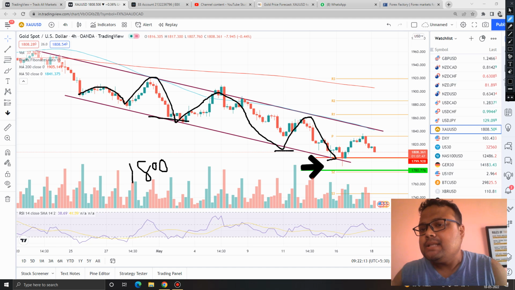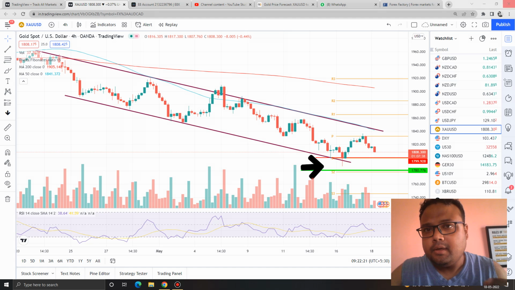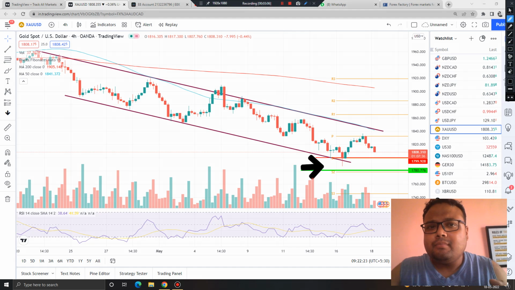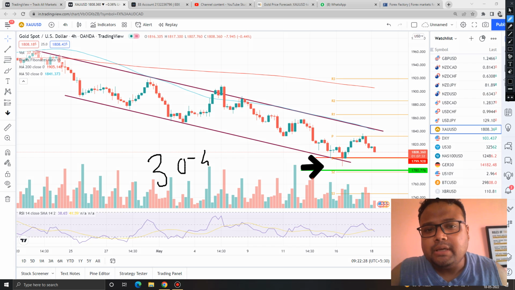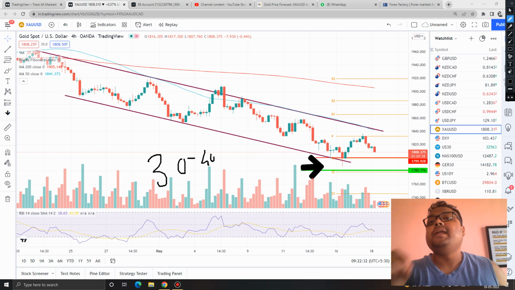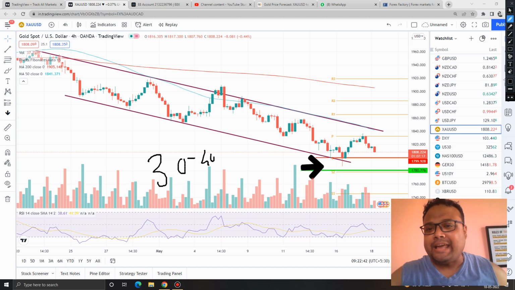If you are an experienced trader, you may see some sort of bounce at 1800, and you can expect a movement of around 30 to 40 pips. But my dear friends, this is very risky, especially for beginners and new traders. You should not be doing this kind of thing in the market, because after all it is our responsibility to protect our capital, isn't it?